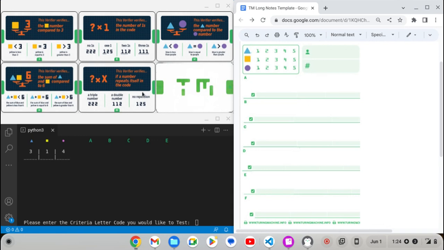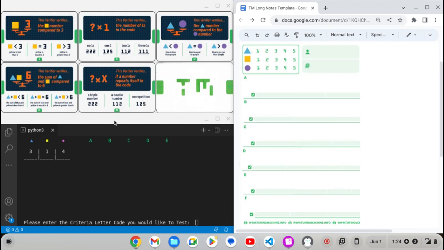For instance, are there no repetitions, meaning that all digits are unique, as in the example 125? Could there be a pair of digits, repeating digits, as in the example 112? Or perhaps it's a case where it's a single digit repeated 3 times. Remember, our objective is to find this one unique 3-digit code that meets all of the criteria we just described.